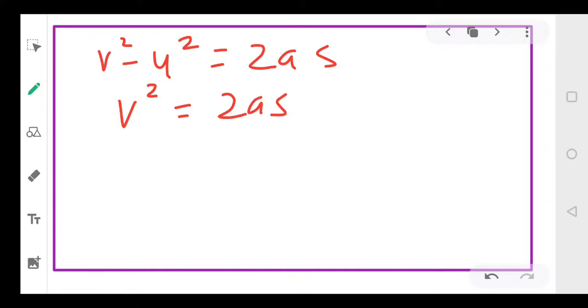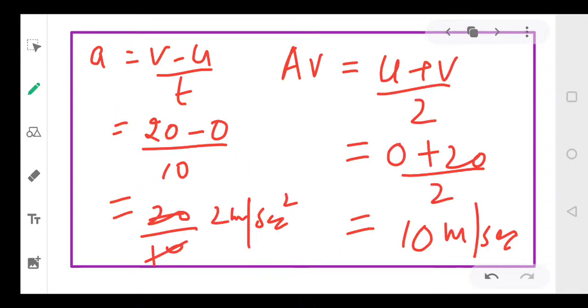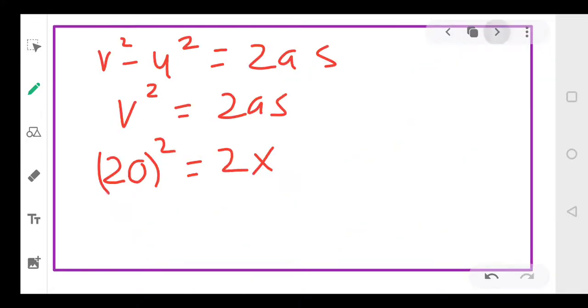So we'll use the formula v square minus u square is equal to 2as. Now u square is 0, so we will have v square is equal to 2as. So what is the value of v? V is 20, so 20 square is equal to 2 into a, what is the value of a? Let's see again, value of a is 2.